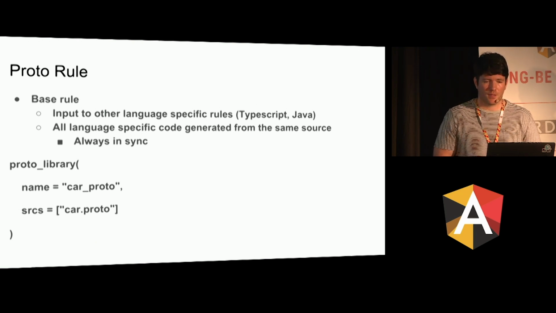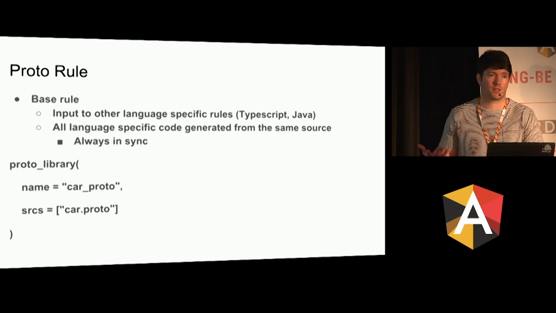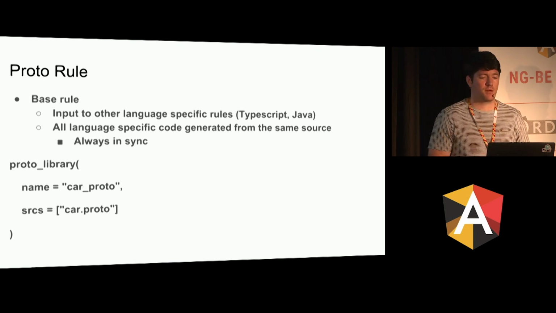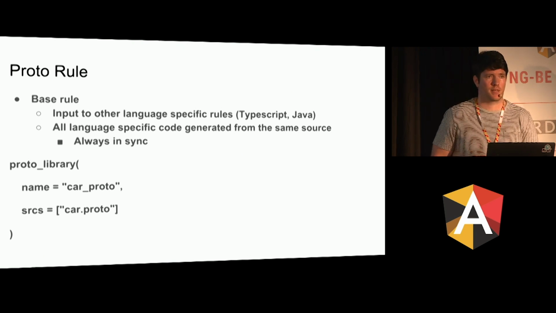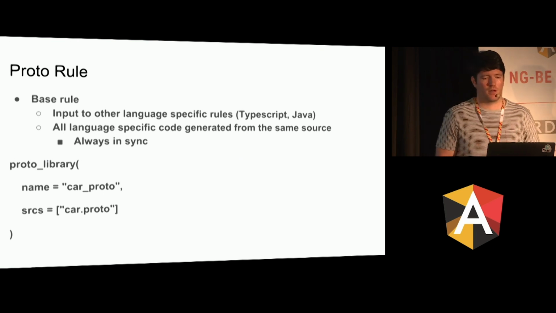So you can feed this into a Java-specific rule, a TypeScript-specific rule, or a C++ specific rule. The point is that the generated code is always generated from the same source, so it will always be in sync, and it happens at build time. So you won't have a case where the front end and the back end fall out of sync anymore, because if they do, there'll be a compilation error.